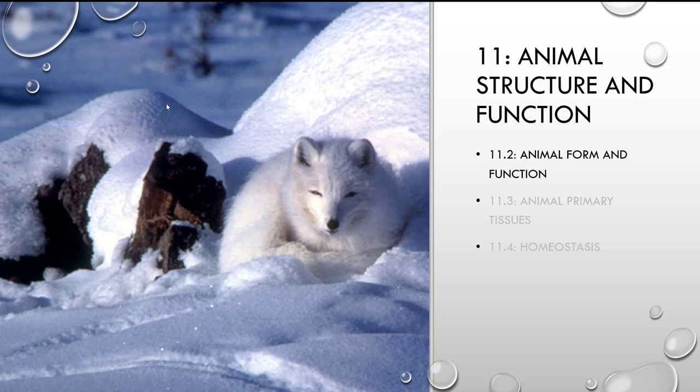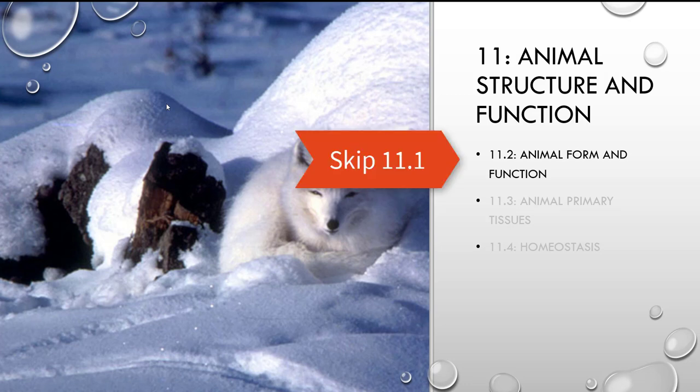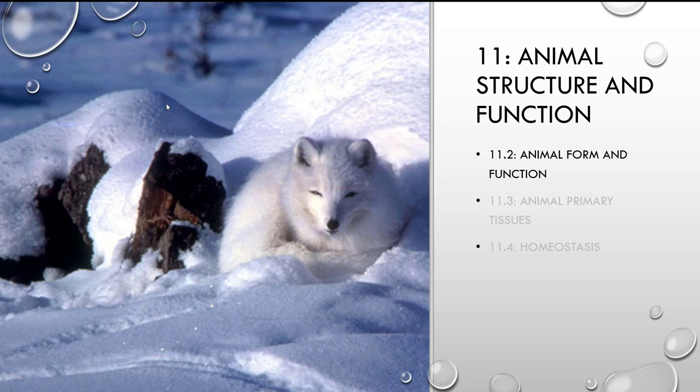And so in this chapter, we're going to start out, we're going to skip 11.1. If you look at 11.1, it's just an introduction. So basically it just talks about the summary of the three sections of the chapter.